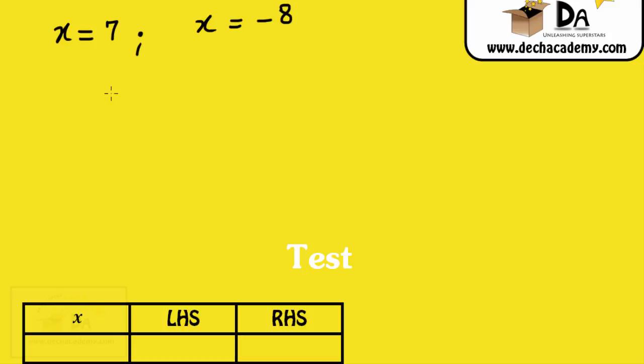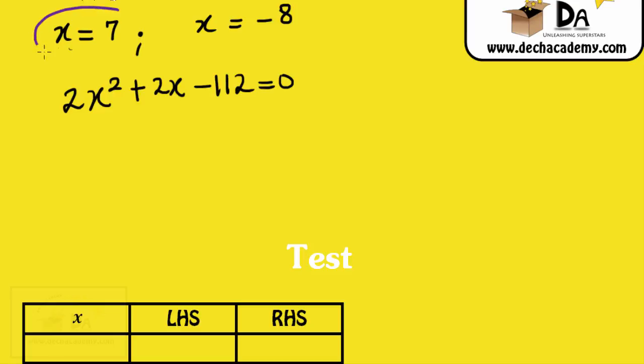So now let's test our solutions. I'll just test one of them, and you can test the other one. So the equation was 2x squared plus 2x minus 112 equals 0. Now, for the first solution, when x is 7, we need to check what the left-hand side term is.